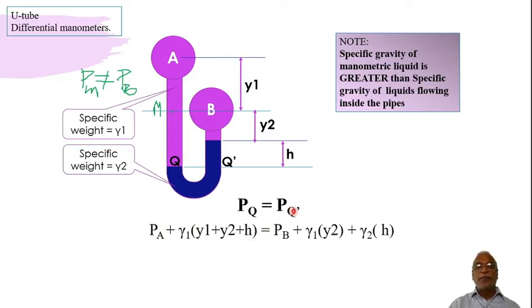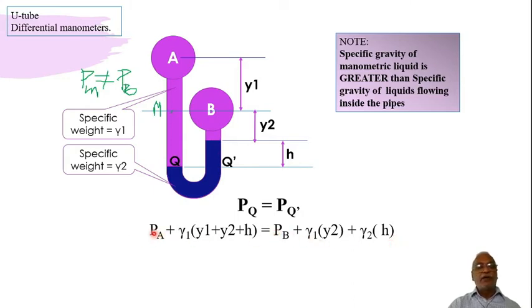It is equal to, now on the right hand side, PQ dashed. In the same way, I start with PB, I go down in gamma 1 liquid through distance Y2, so plus gamma 1 multiplied by Y2, and I still go down, plus in a liquid of gamma 2 through a distance of H. Now the equation is ready.